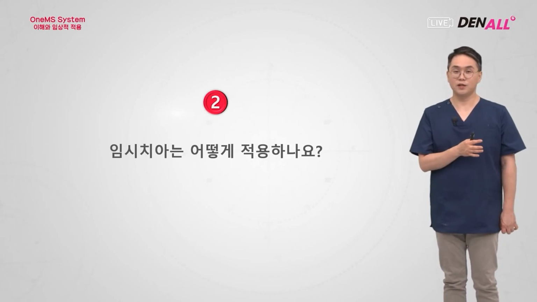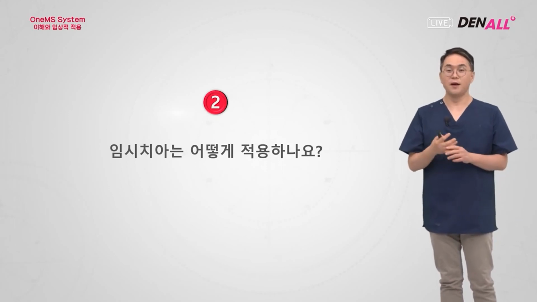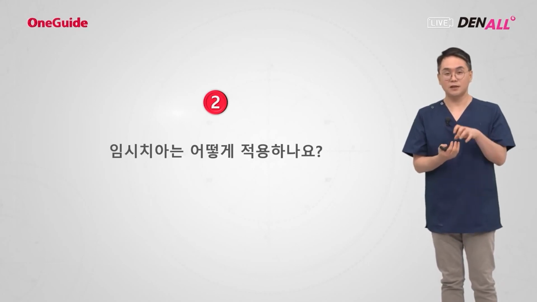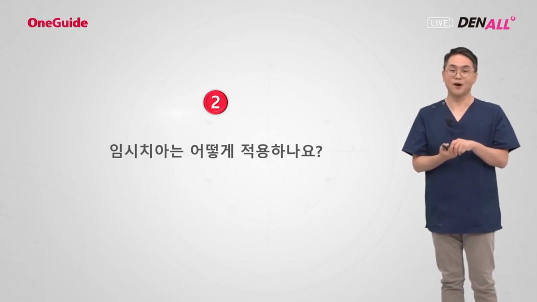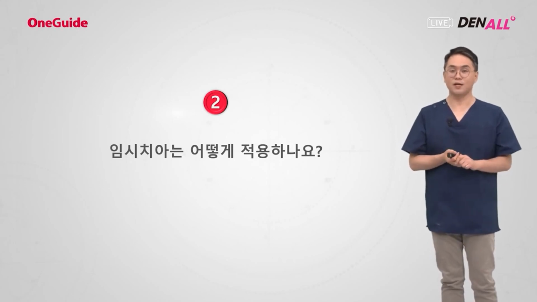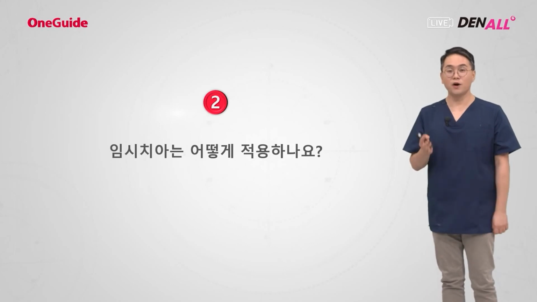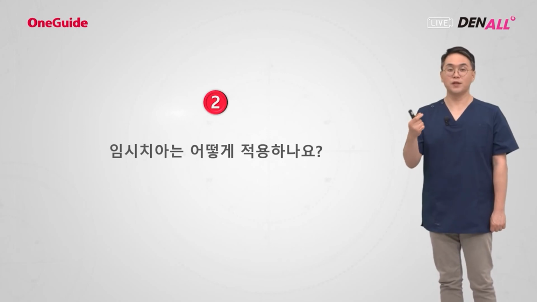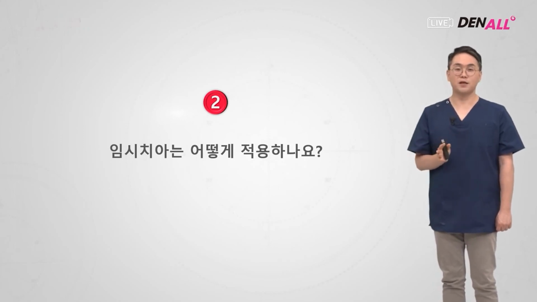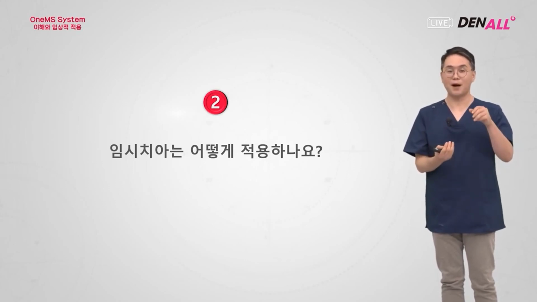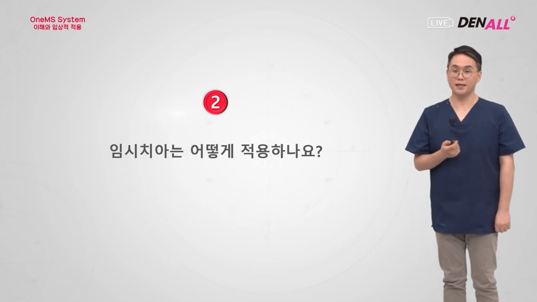It might be a new step, because after placement, putting a temporary cap on top of the prefabricated one doesn't fit, since there is no temporary cap library, only a library for the abutment. So using the OneMS system, placing the OneMS implant, the temporary plastic cap will not have to be used. You can just cement to the abutment. That is the difference. I hope you will not get confused about this.